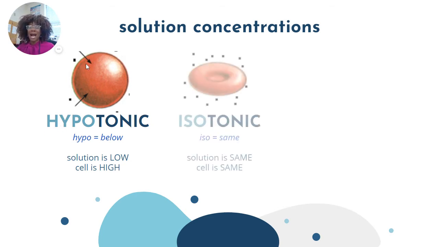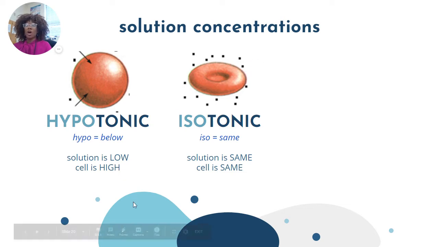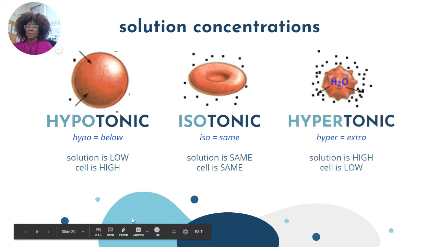Okay, next one. Isotonic. Iso just means same. If you've ever done isometric contractions, which is the type of workout, you know you're supposed to keep all of your muscles contracted at the same intensity to try and train them. Isotonic means same. So the solution concentrations and the cell concentrations are the exact same.